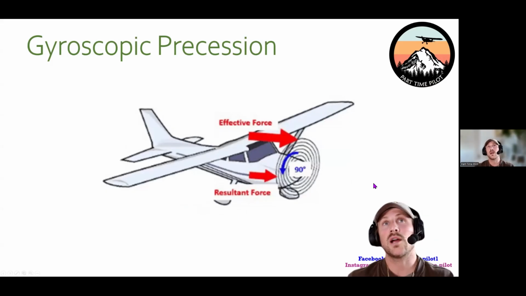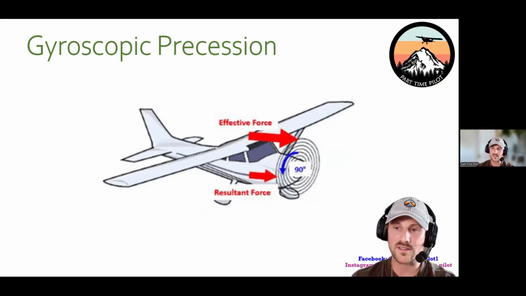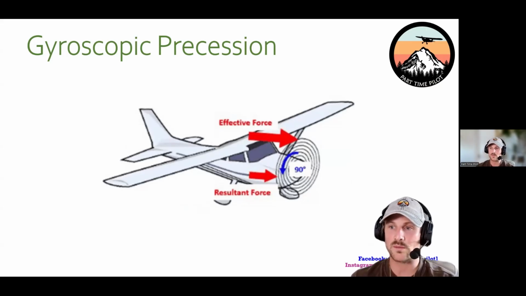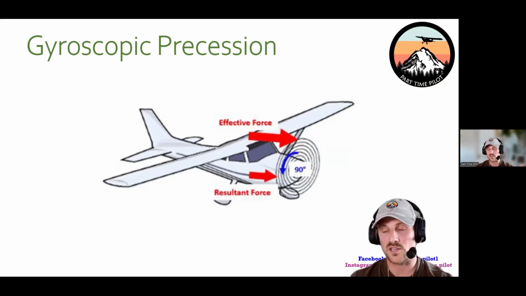All right, the next one is gyroscopic precession. So when a force is applied to a gyroscope, the force is manifested 90 degrees ahead of where it was applied in the direction of rotation. So this is the same error that we talked about with our gyroscopic instruments. Remember, we talked about gyroscopic precession with like our heading indicator.